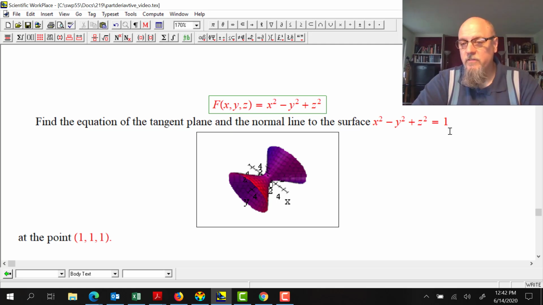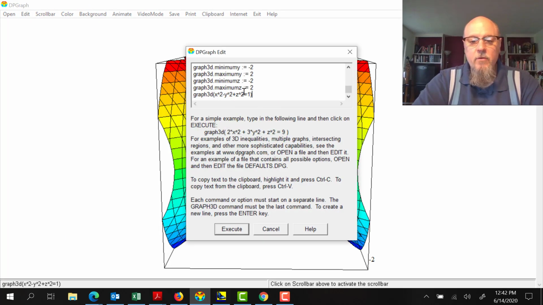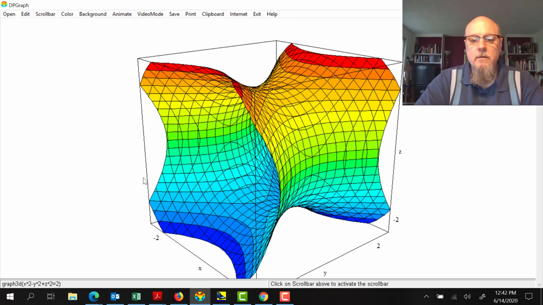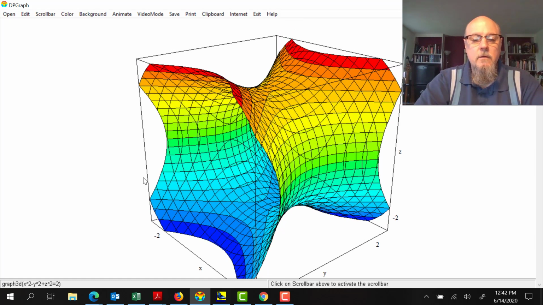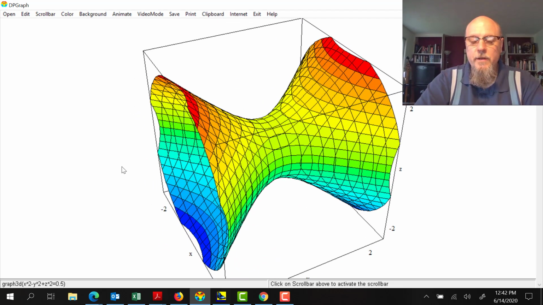If I take the level curve where it's equal to 1, then this is the shape I get. If I take the level curve where it's equal to 2, then I get a different, fatter hyperboloid of one sheet. If I take this to be a half, I'm going to get a skinnier hyperboloid of one sheet.